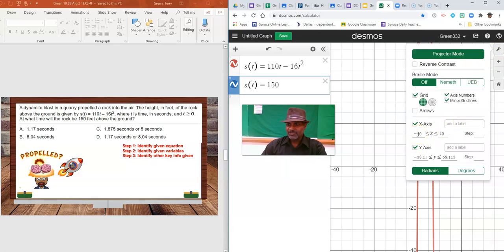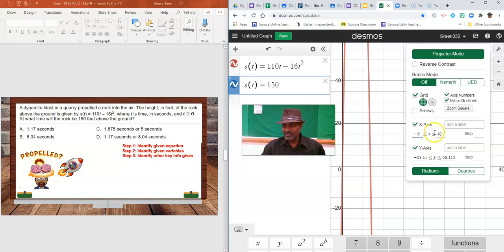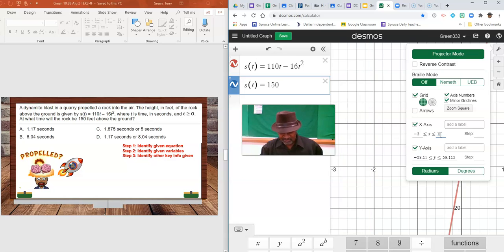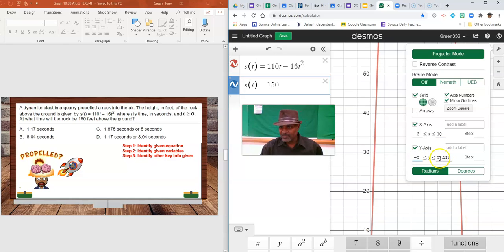I'm going to let my x-axis be between -3 and, I don't need it to be that big. It looks like it comes down at about 5, so yeah, that's good. And then for my y-axis, I need to get up past 150 feet. So I'm going to let y go from -5 to 200.